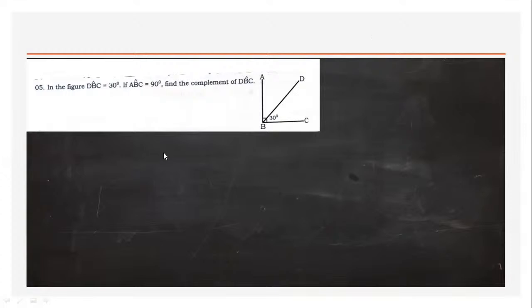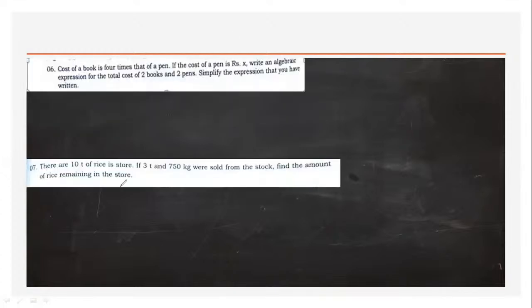Question number 6. The cost of a book is 4 times a pen. If the cost of a pen is x rupees, write an algebraic expression for the total cost of 2 books and 2 pens. Simplify the expression that you have written. The cost of a book is 4 times a pen.